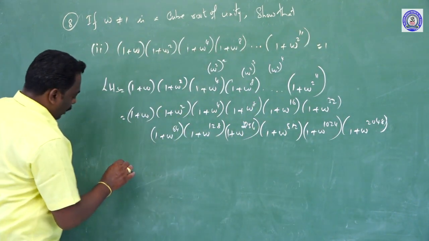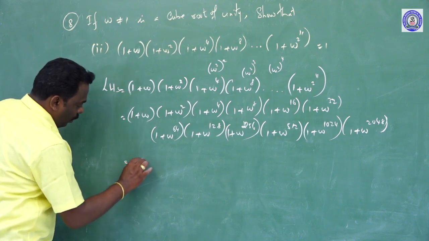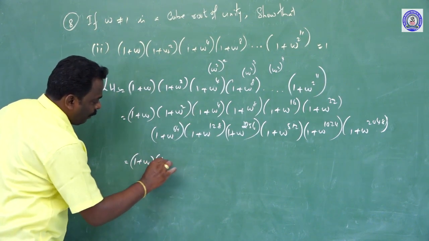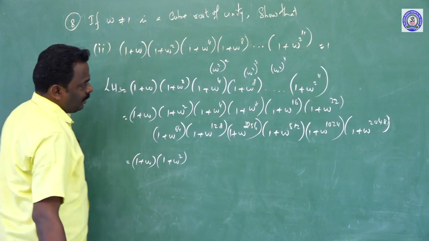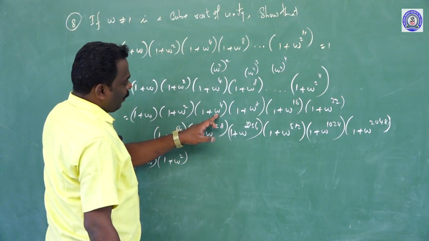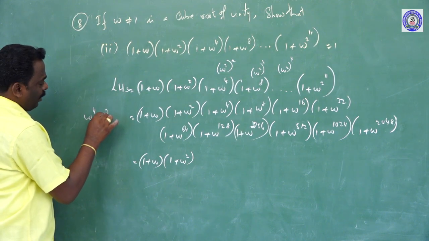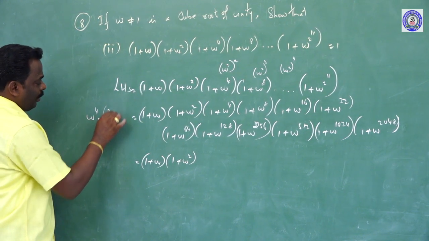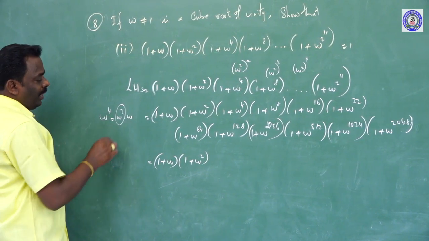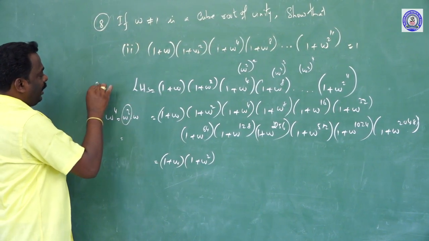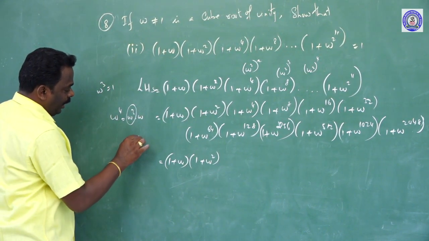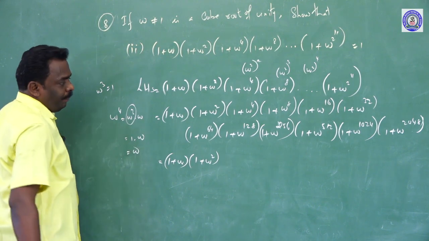So now the next line: that is equal to (1 + ω) into (1 + ω^2) as it is. Now we know ω^4, we can write ω^3 into ω. We know ω^3, the cube root of unity, is 1. Therefore 1 into ω equals ω.